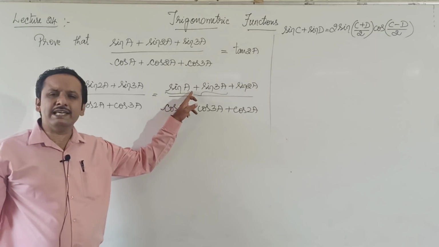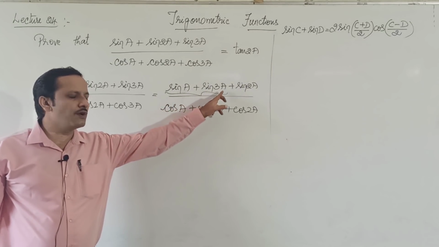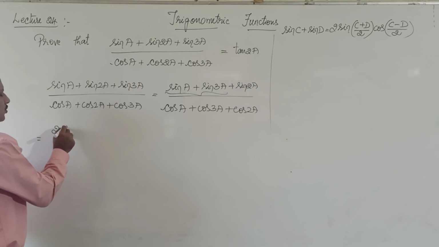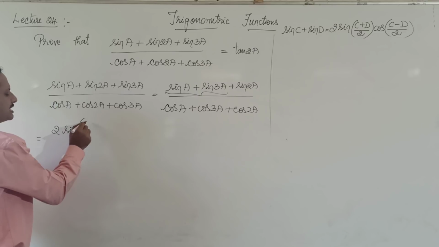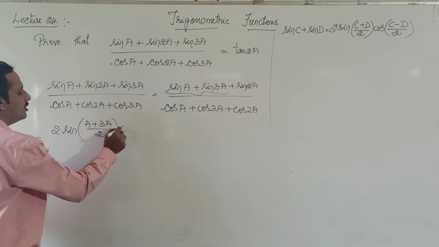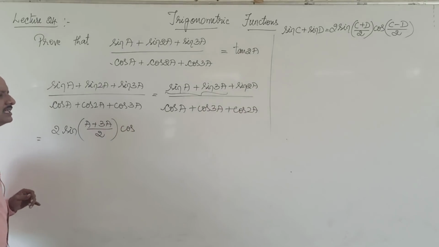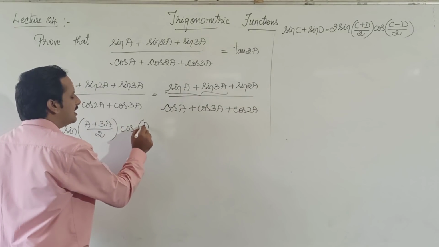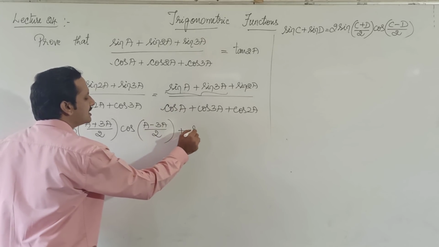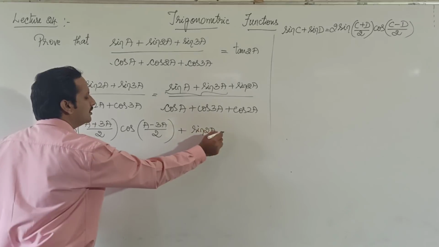In place of C, we have A, and in place of D, we have 3A. So, this is equal to 2 sin((A+3A)/2) into cos((A-3A)/2) + sin 2A.